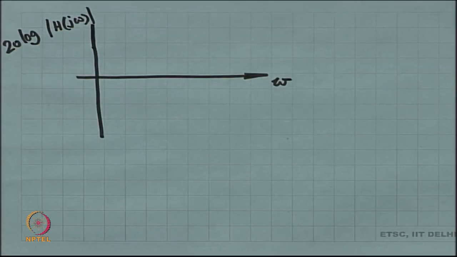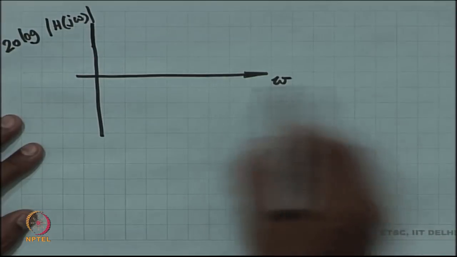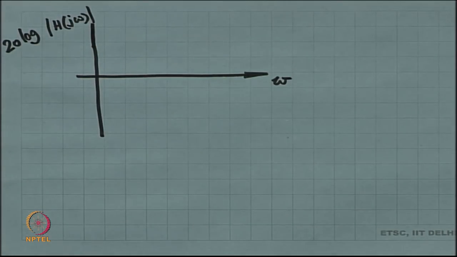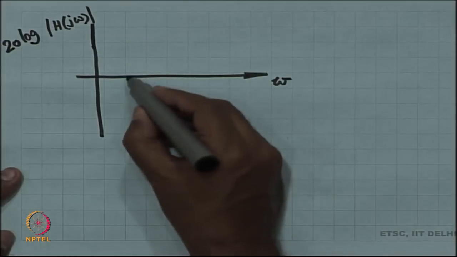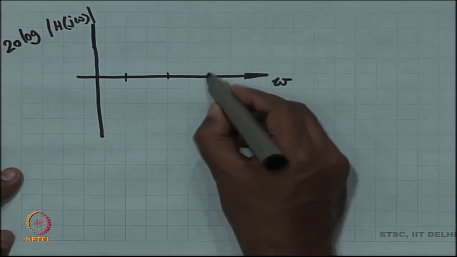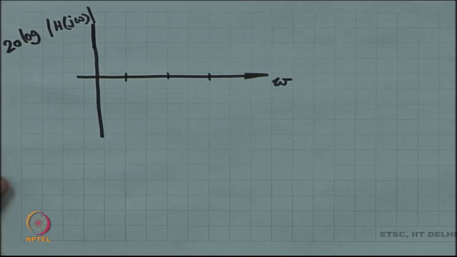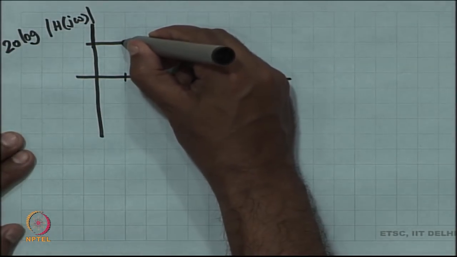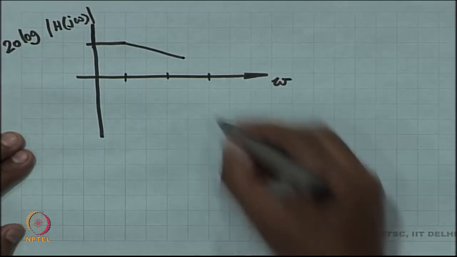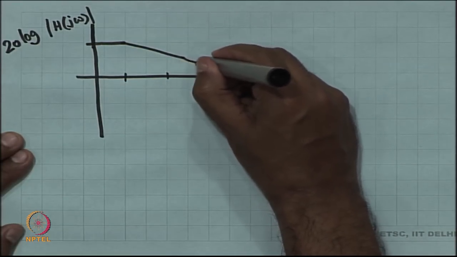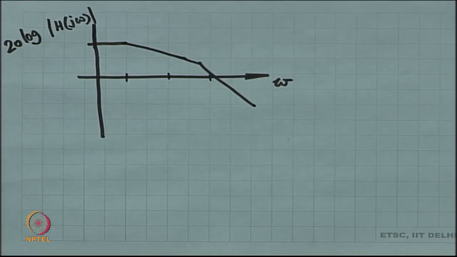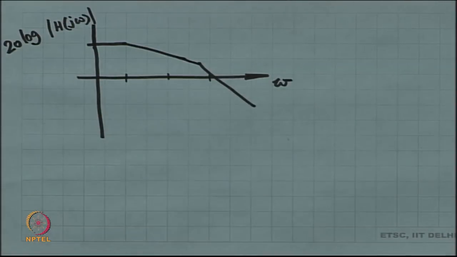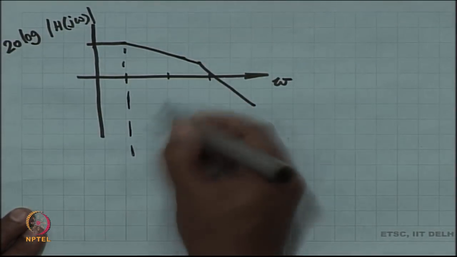So, 20 log of mod of h of j omega is what we are going to plot, and omega is also in the log scale, which means that they are going to go in steps of 10: 1, 10, 100 and so on. And then we found that if I have a two pole system, then at pole 1 I start going down at 20 dB per decade, and then at pole 2 I get another 20 dB per decade. So, net minus 40 dB per decade is what the plot is going to be.